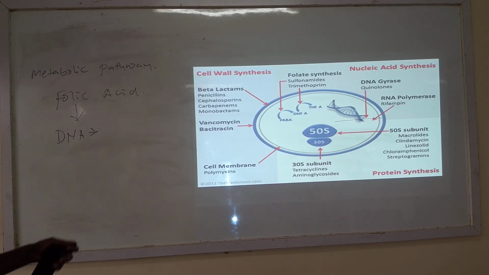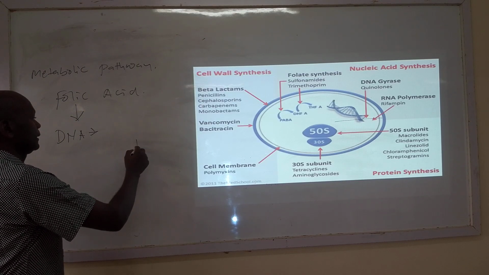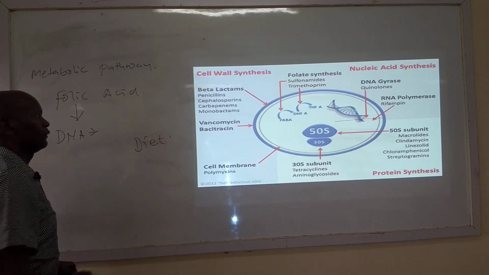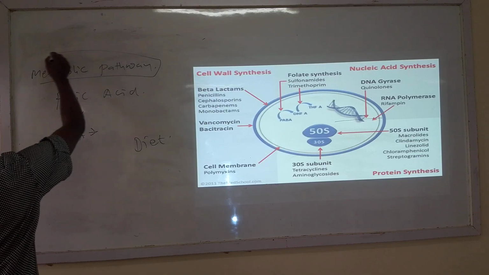Remember, human beings, we don't synthesize folic acid. We obtain folic acid from diet. But for bacteria, they have to synthesize their own folic acid, which they again use in the metabolic processes such as synthesis of DNA. So we have antibiotics which block this pathway.